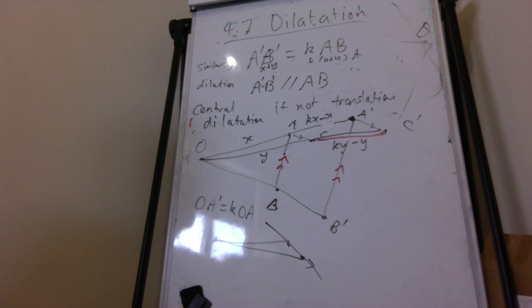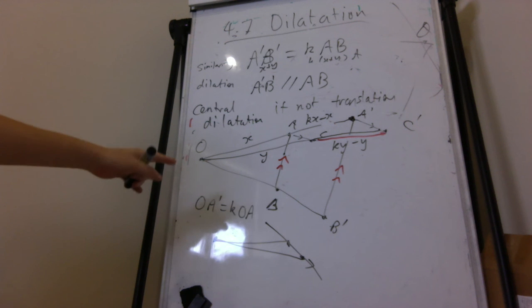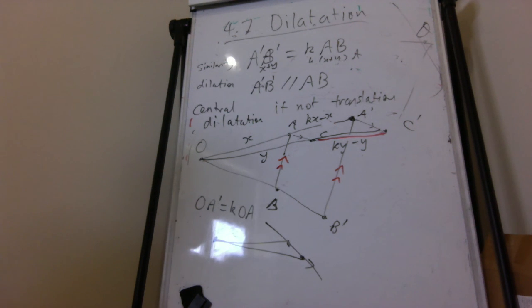So why wasn't it just enough to show that O, A, B and O, A prime and B prime are similar, and there's only one O, and then O, A, C and O, A prime and C prime? Yeah, that's what you did. Did you say that A prime and C prime are the same?